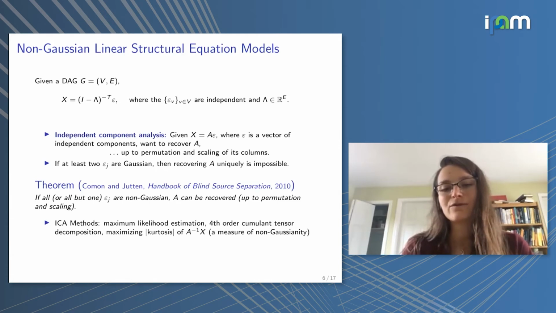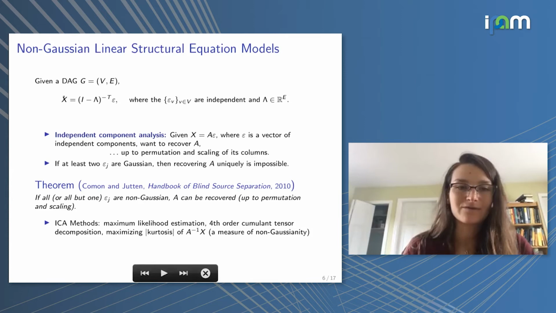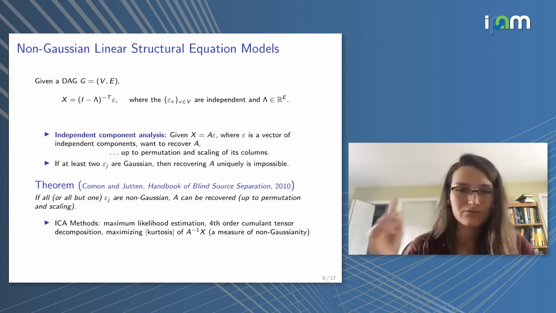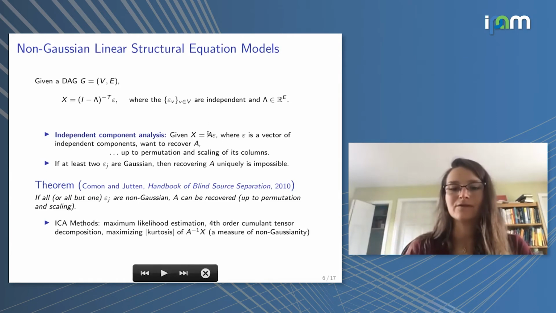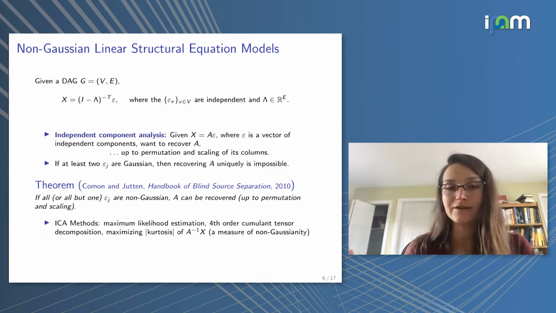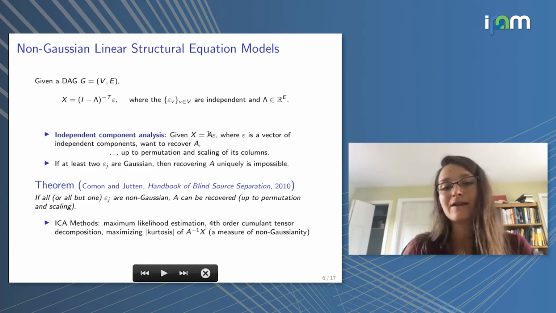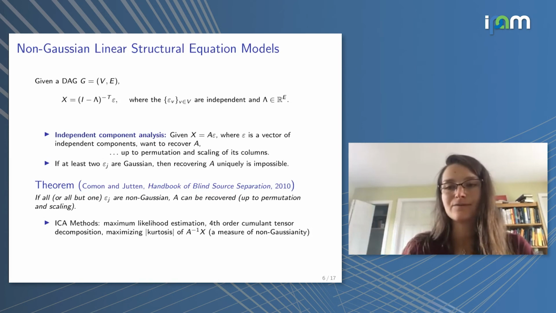If you take the fourth order cumulant tensor of this vector x, which I will define later, it turns out that its CP decomposition is the sum over i from 1 to the number of columns of A of some constant times the i-th column of A to the tensor power 4. So it really decomposes into the columns of A. If you do this decomposition, then you can find A. So that's one way of solving this ICA problem, and this is especially good if A is square, so it's sort of a low rank tensor.